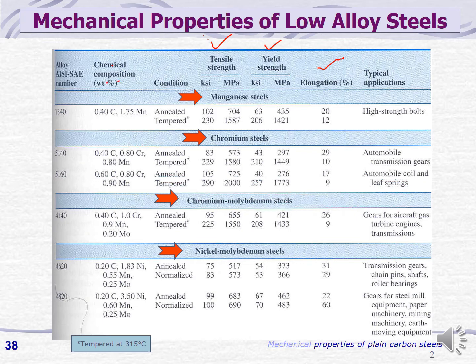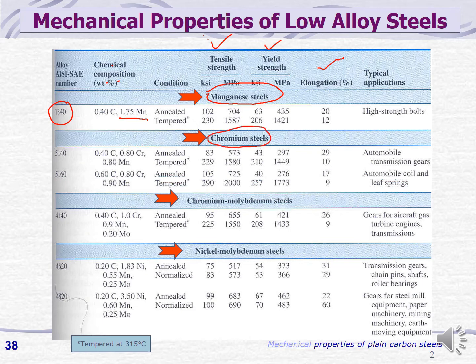For the manganese steel, it consists of a high percent of manganese, and the number is 1340. Then we have the chromium steels.